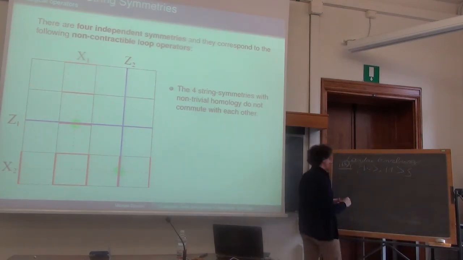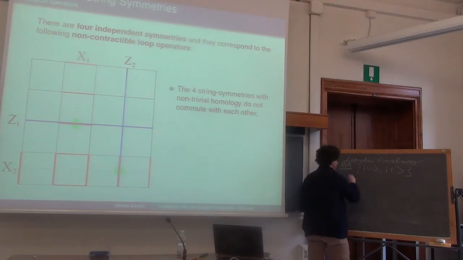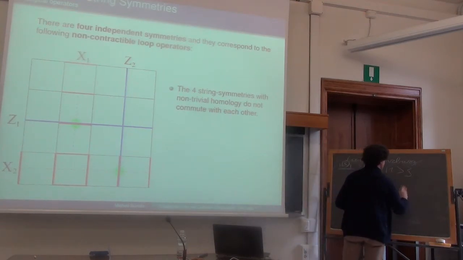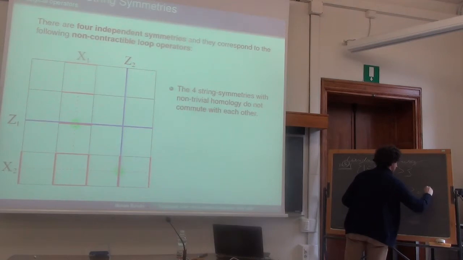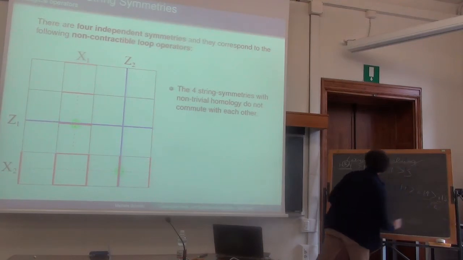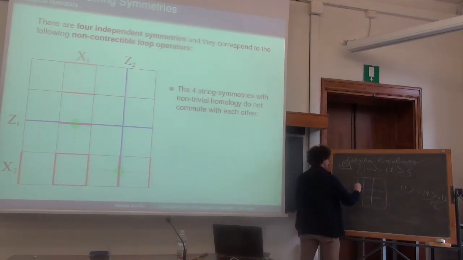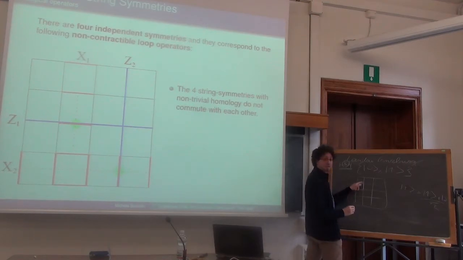Essentially, you may understand these four states by starting from a square lattice in which you initialize all the spins in the eigenstate plus, which is up plus down, and I start to apply all the possible loops of strings sigma z.